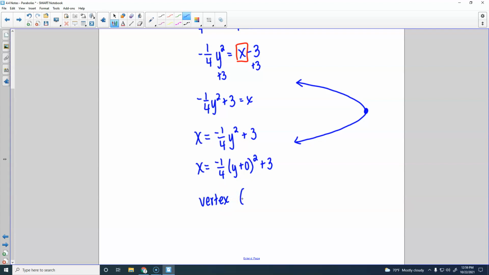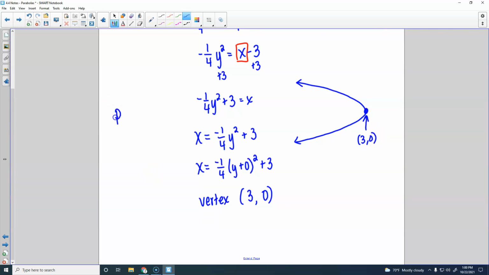What are the coordinates of our vertex? It is 3, 0. Be careful that 0 is your y coordinate because it's inside of the parentheses with the y. Okay? So this is the point 3, 0 here.